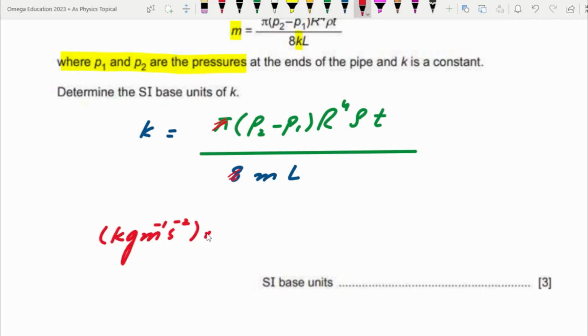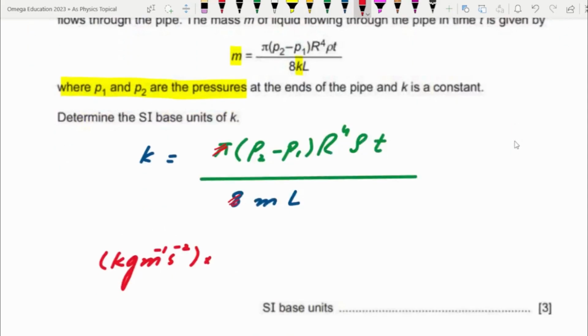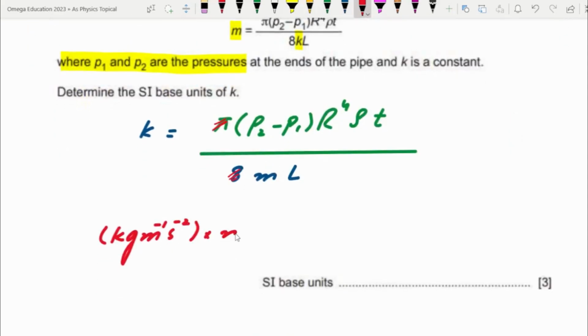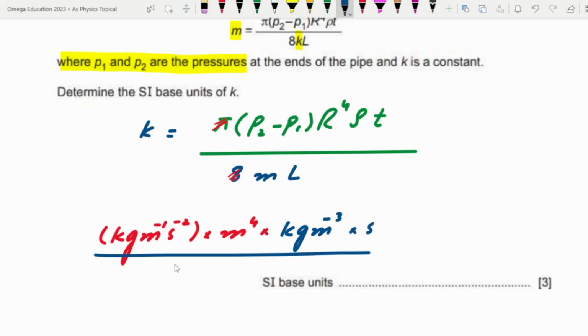Times the unit of R, the capital R is the radius, so it would be meter raised to the power 4, times density, rho is density, so kg m minus 3, times t, which would be in seconds, divided by m, which is the mass in kilograms, and length L would be in meters.